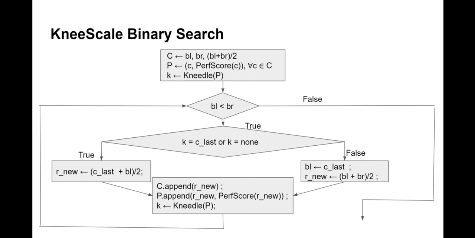We sample the next resource allocation as the middle point between BL and BR, and the search stops when BL is greater than BR. For more detail about the aforementioned algorithms, please read our paper.